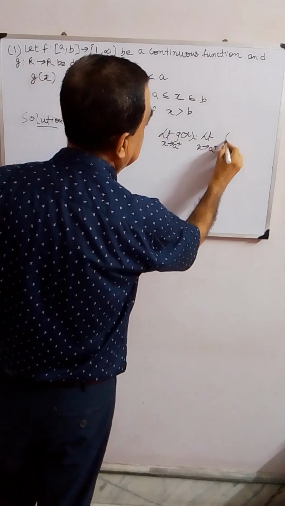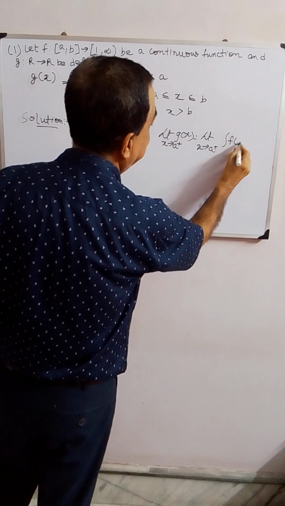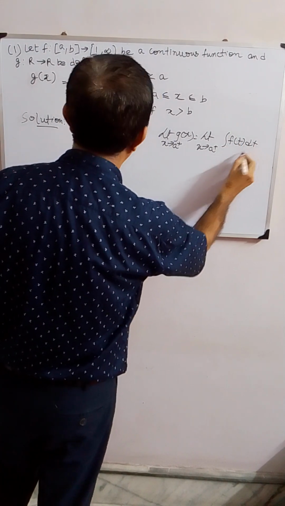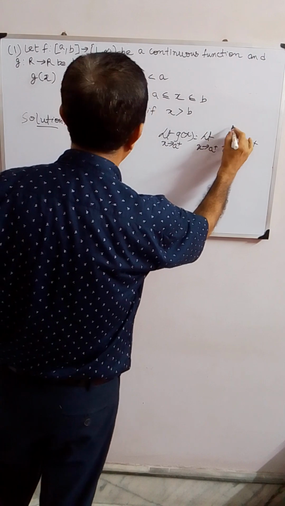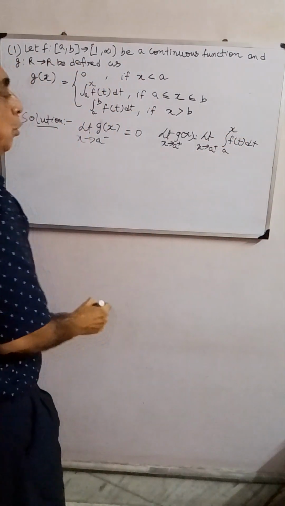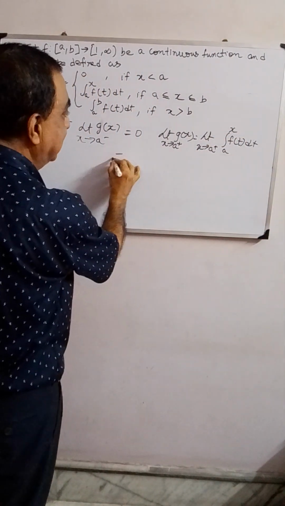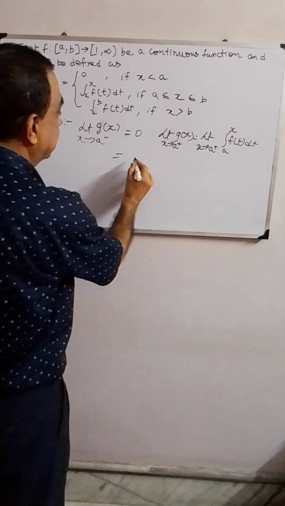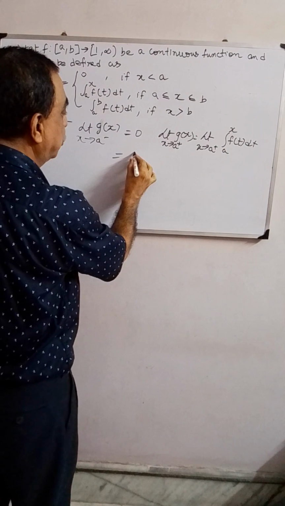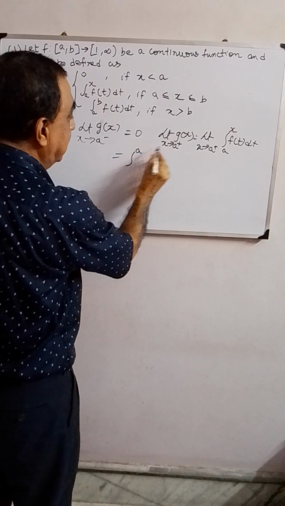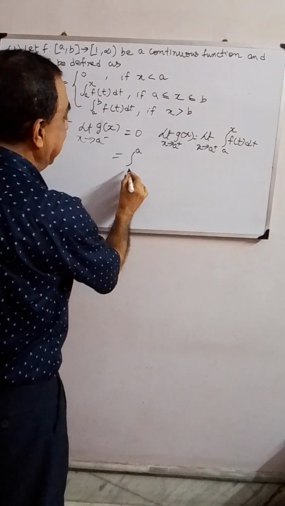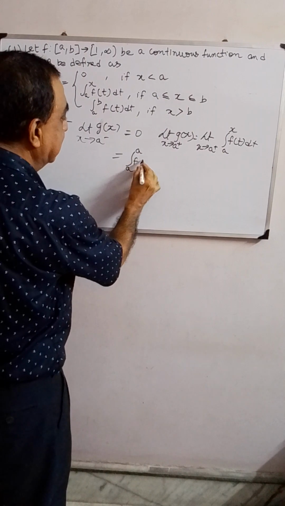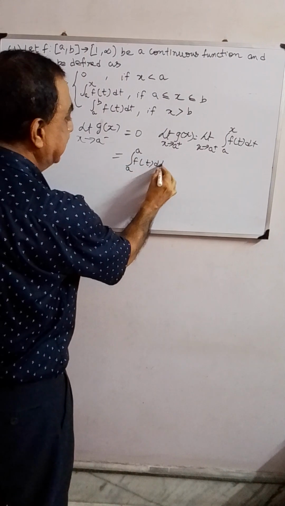It is a definite integral of f(t) dt with limits a to x. Here in place of x I will put a. So this is equal to the definite integral from a to a of f(t) dt.